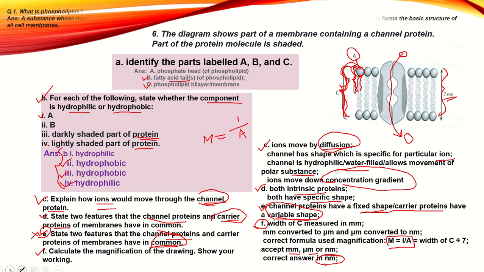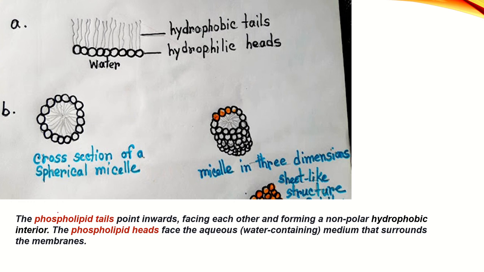Alright, is there any more questions? So what is phospholipid? It is a substance whose molecules are made up of glycerol molecules, two fatty acids, and a phosphate group. A bilayer of phospholipids forms the basic structure of the cell membrane. Here is the phospholipid tail, and these are the hydrophilic heads.